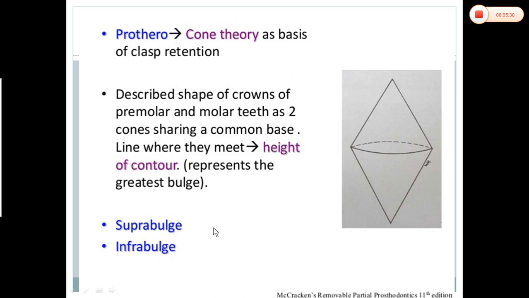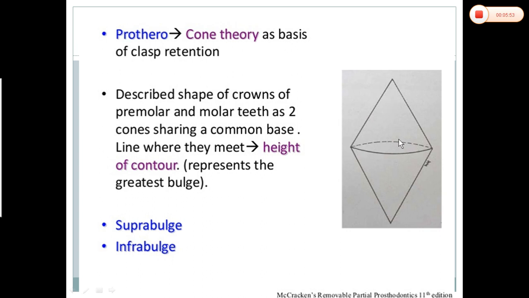Now, two more terms were given: suprabulge area and infrabulge area. The area of the tooth converging occlusally or incisally from the height of contour is known as the suprabulge area.